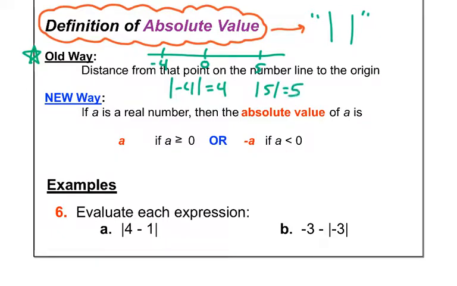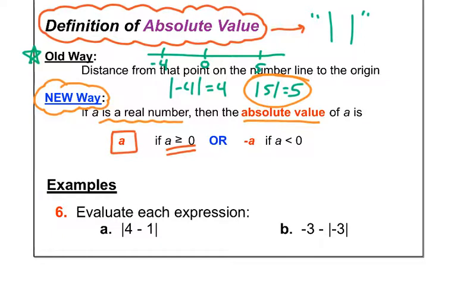Okay, that's great, but can we think of it in a new way? Do you notice from those two examples that if I plug in a real number a and take its absolute value, here's what happens. If a is positive or 0, you just get the number back out. The absolute value of 5 was 5, and the absolute value of 0 is 0.